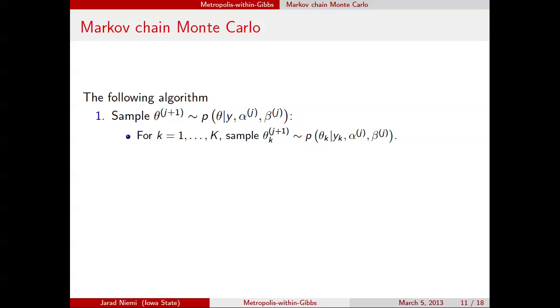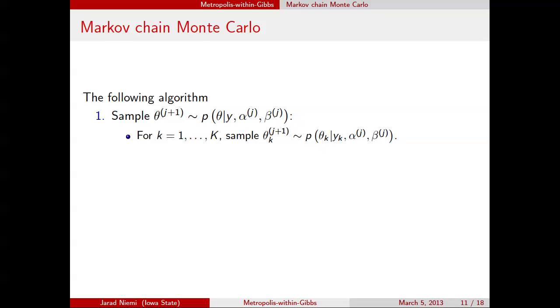But this is actually a joint draw from the entire theta vector because they're conditionally independent. Right? We could have equivalently shown mathematically that this distribution right here factors as the product over K of all the different posteriors, all the different gamma distributions for the theta K's.